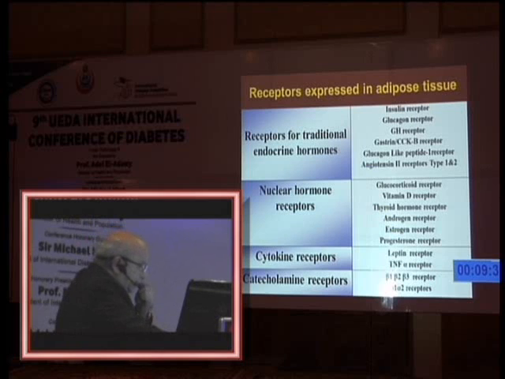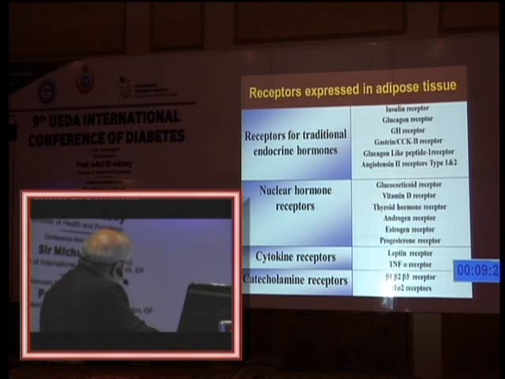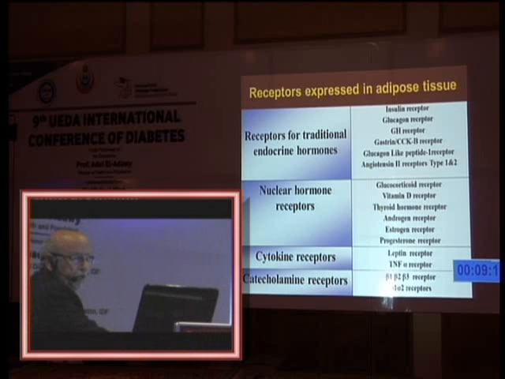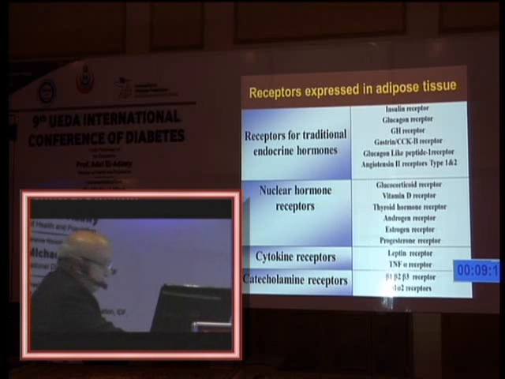And not only substances, there are also receptors for traditional endocrine hormones present on the fat cells, like insulin receptor, glucagon, growth hormone, gastrin, glucagon-like peptide type 1 receptor, and angiotensin 2 receptors, type 1 and 2.